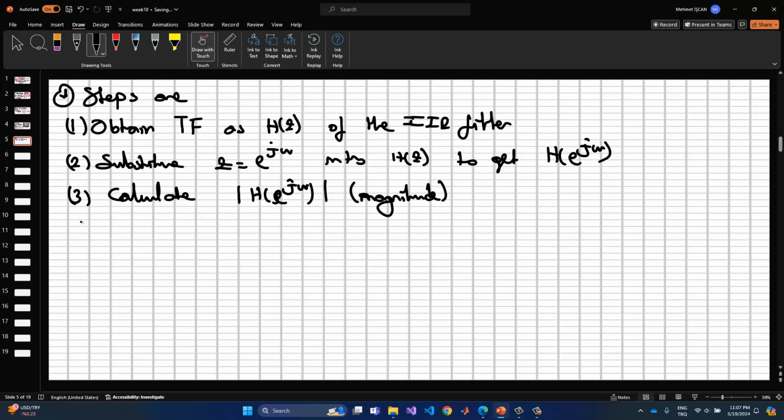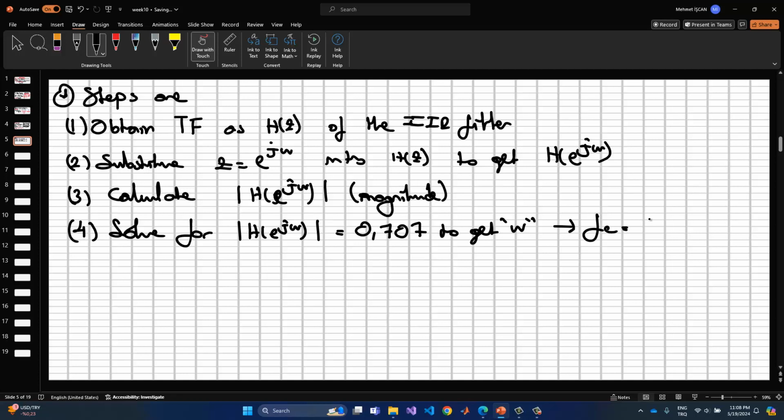Okay, and after that we need to solve the system for the absolute value of these terms equal to 0.707 to get ω in terms of fc, which is equal to ω fs divided by 2π.